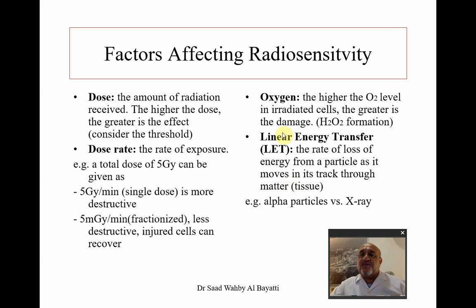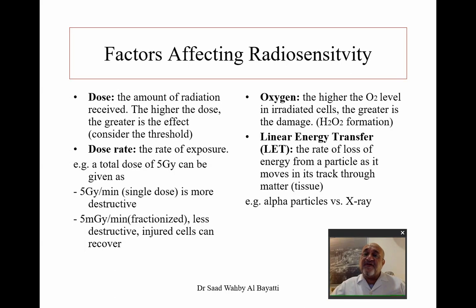Oxygen level is important. The higher the oxygen level in irradiated cells, the greater the damage. That is H2O2 formation. So if you want to increase the efficiency of radiotherapy, you put the patient in high-pressure oxygen, so that it increases the chances of killing the cells.